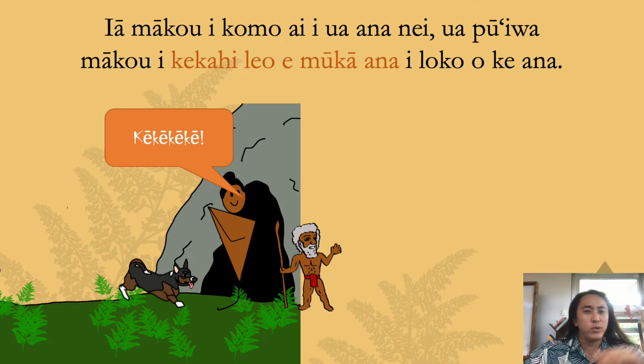That's how we use that first one. And ua ana nei marks something that you talked about before. Ua ana nei, the ana that we talked about before, that's kind of close to us in this mo'olelo. Ua ana la, the ana that we talked about before, but maybe it's farther away.